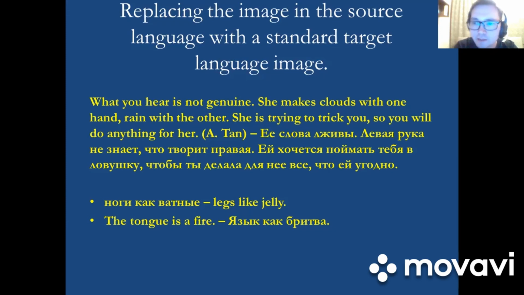So why is it not possible to use the first way of translation here? Because if we translate it literally, the words will lose their meaning. They will not be clear for the target language receptor. That's why we have to find some metaphors that already exist in the target language.